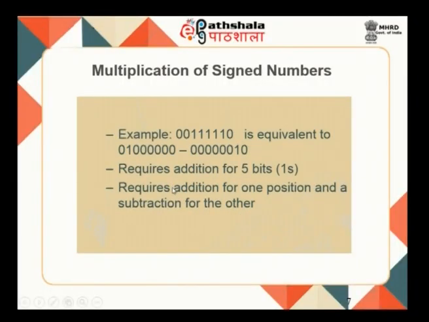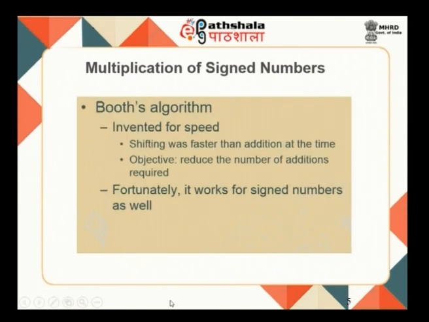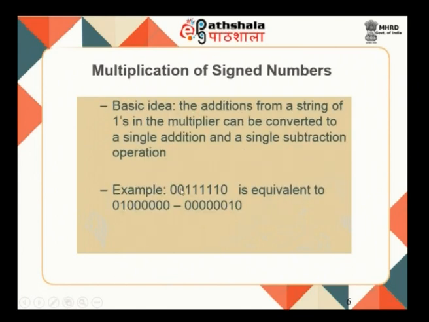Say, for example, you have a series of ones here, 5 ones, 1 1 1 1 1, and you have a 0 following that. Whenever you have a change happening, you have a change from 0 to 1 happening here, and a change from 1 to 0 happening here.